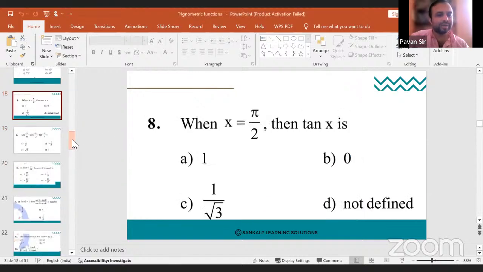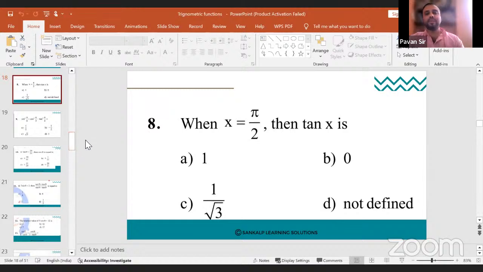Okay. Question number 8. When x is pi by 2, then tan x is what?